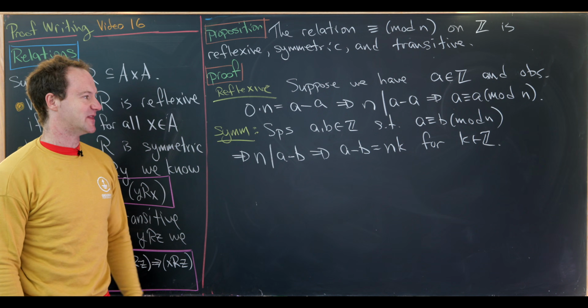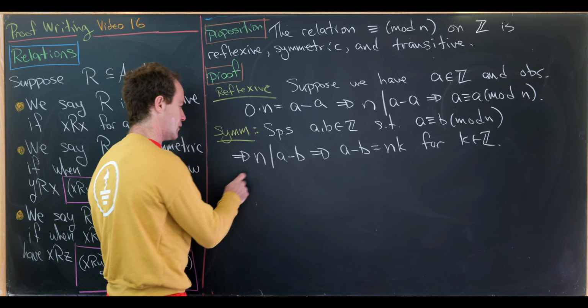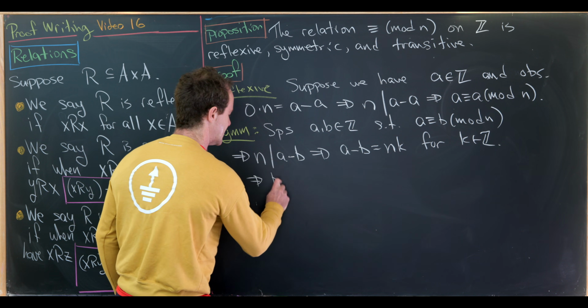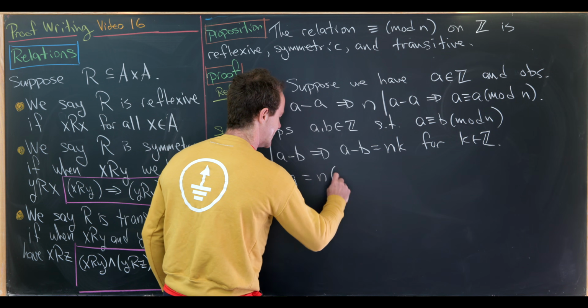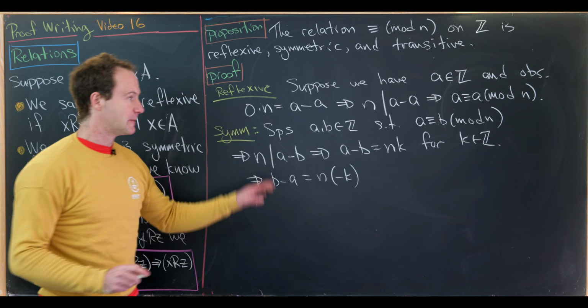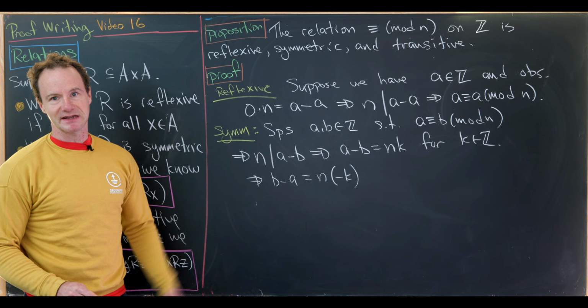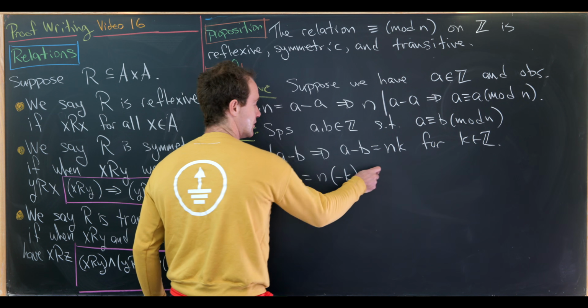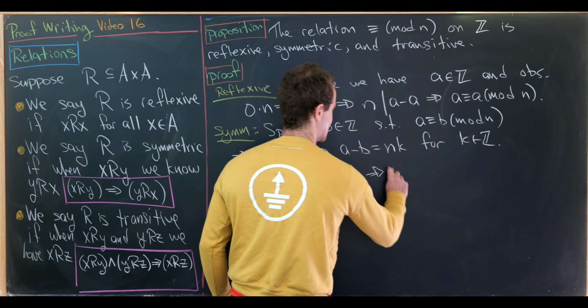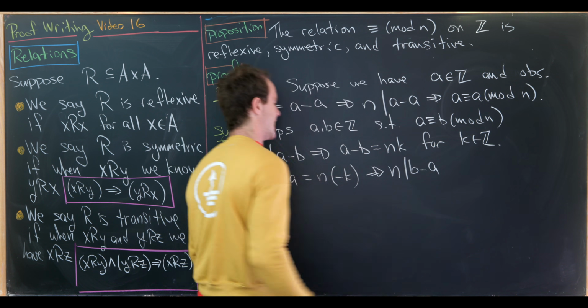Now we can just take this equation and multiply it by minus 1. That will tell us that b minus a is equal to n times minus k. Since k is an integer, minus k is also an integer. So this equation tells us that n divides b minus a.